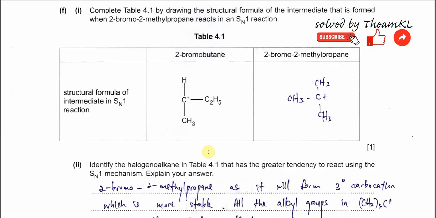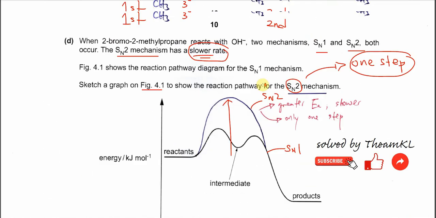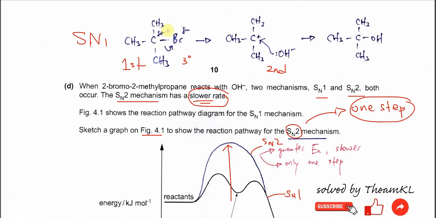Part 1. Complete table 4.1 by drawing the structural formula for the intermediate that forms when 2-bromo-2-methylpropane reacts in an SN1 reaction. This is the one that I told you just now. So this is 2-bromo-2-methylpropane reacting with this SN1 mechanism.